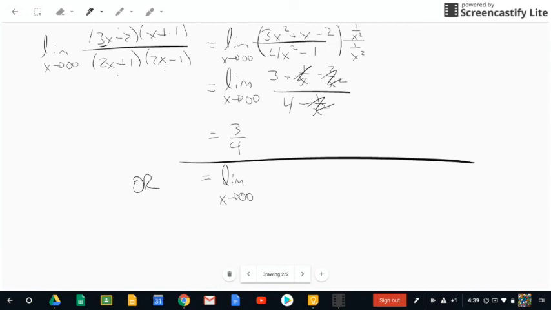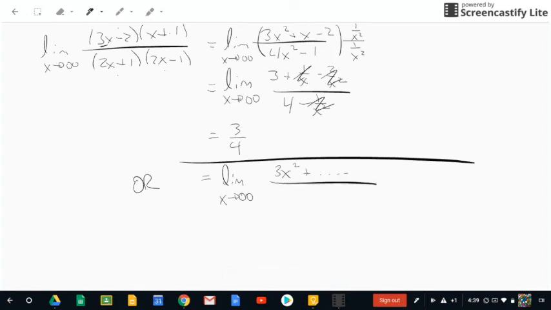I know that the numerator is going to become a quadratic, and I know that the denominator is going to become a quadratic. So without multiplying out everything, all I really need to do is figure out what the quadratic term is in both cases, because those are going to be the terms that dictate the behavior of the entire rational. So 3x times x is going to be 3x squared plus blah, blah, blah.